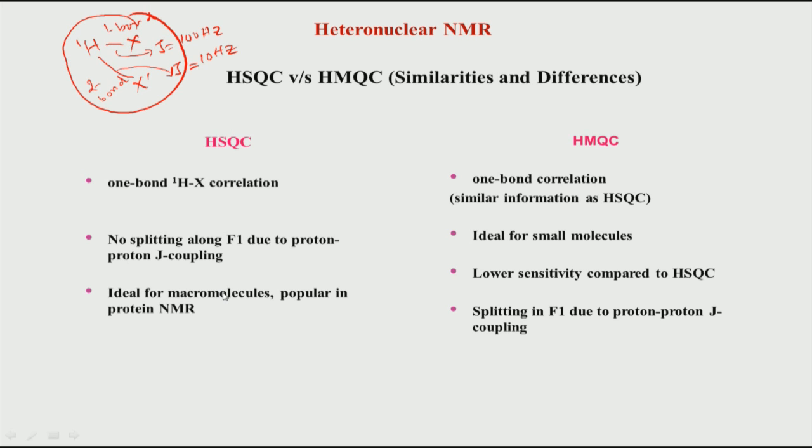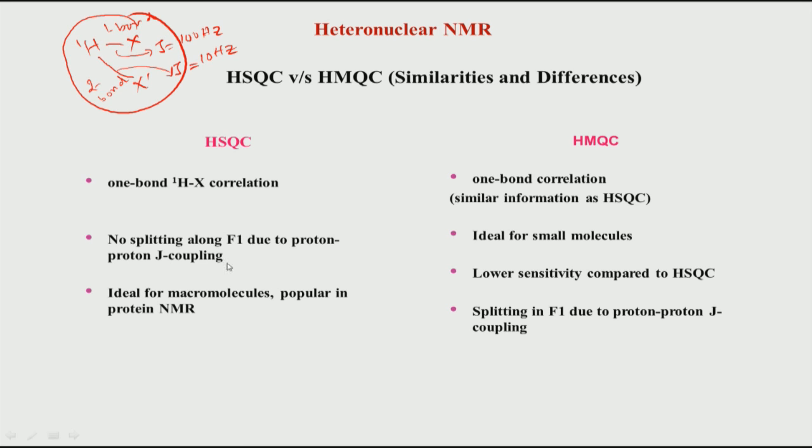The second reason why sensitivity is bad for HMQC: if you rank the overall sensitivity, HMQC comes second, next to HSQC. Number 1 is the splitting problem, number 2 is the relaxation problem. The multiple quantum coherence relaxes much faster compared to a single quantum coherence. So, that is why multiple quantum is less sensitive compared to single quantum.